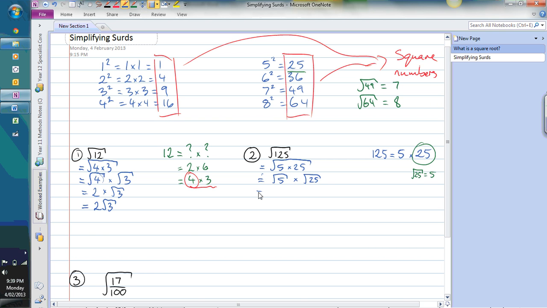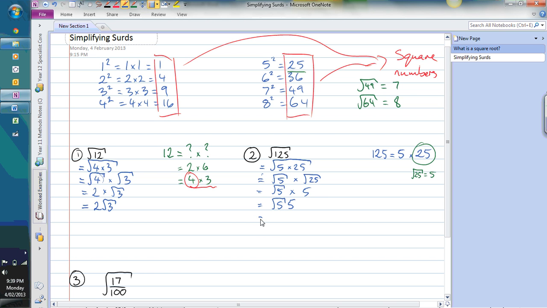Square root of 25 we know is equal to 5. This square root of 5, we can't simplify that because it's not a square number. And I've got here the square root of 5 times 5. I could leave the multiplication out, okay, and be left with this. And that's perfectly acceptable, okay, you're allowed to write it that way, but it's not the way that we prefer to write it in maths.